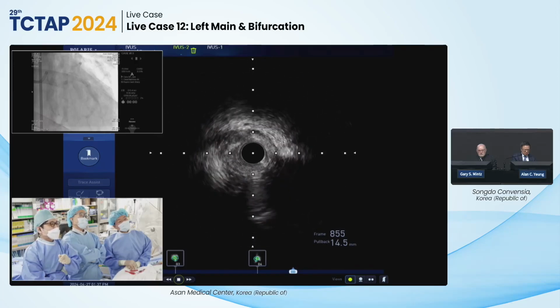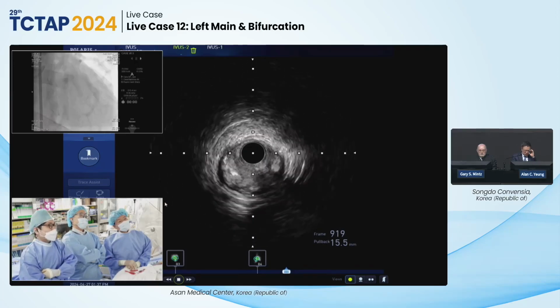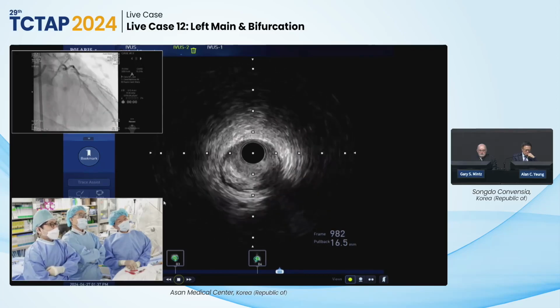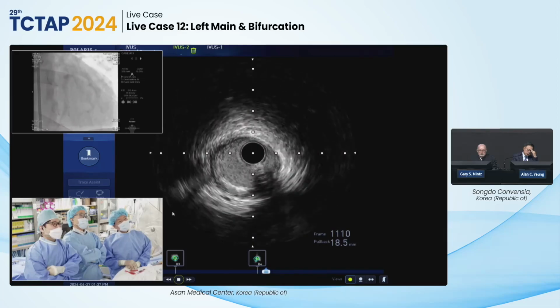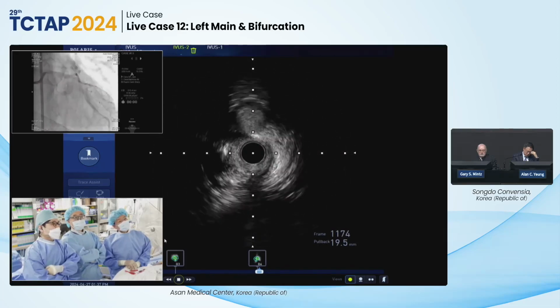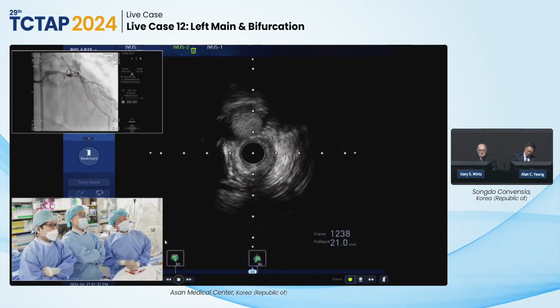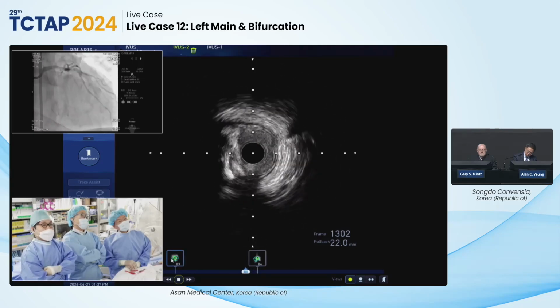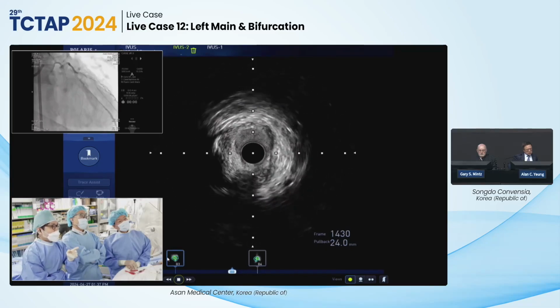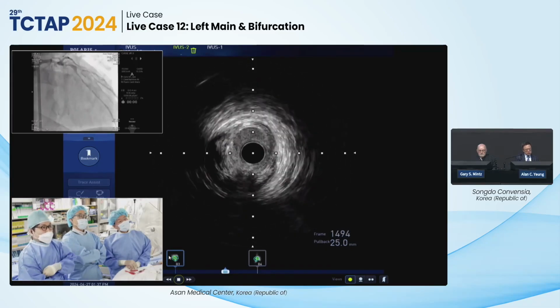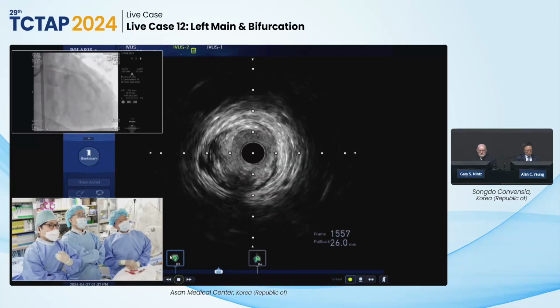Then we can see a diffuse, smaller plaque, a non-calcified plaque. The diagonal branch vessel size is just 2.0, not that big for stent implantation, and this is the most narrow part, coming to the bifurcation.